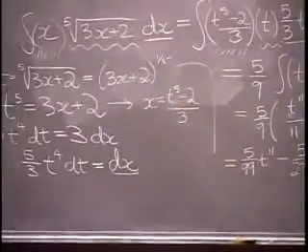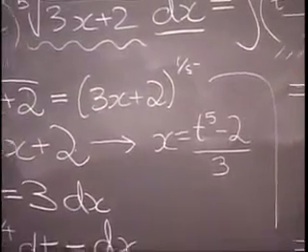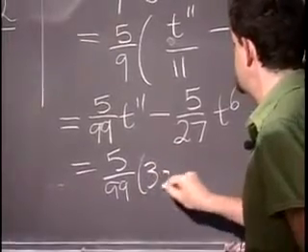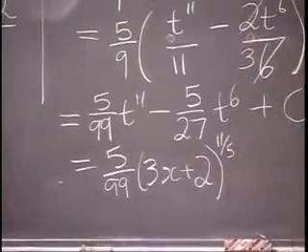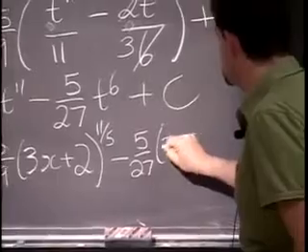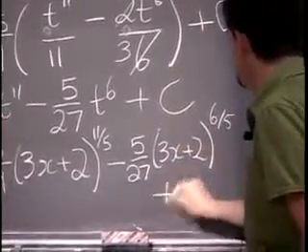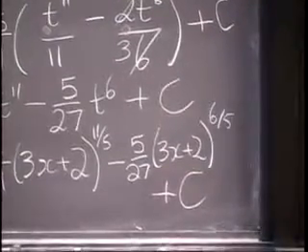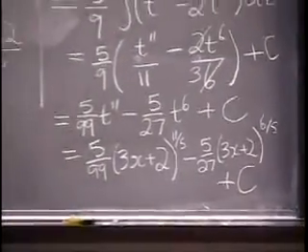After all, a fifth root is a 1/5 power, and if I do that, then I can replace this by 5/99 times (3x plus 2) to the 11/5, minus 5/27 times (3x plus 2) to the 6/5, plus a constant. Any questions? Shout them on out if you have.